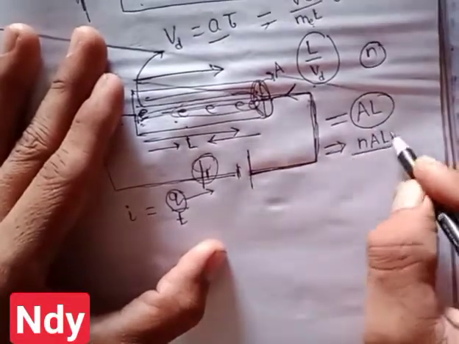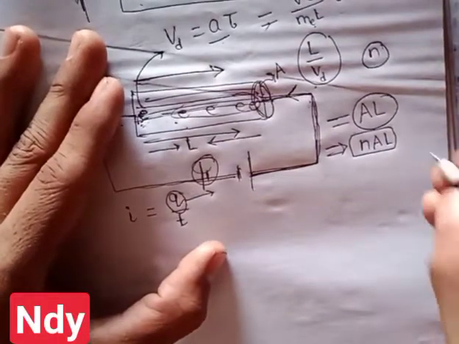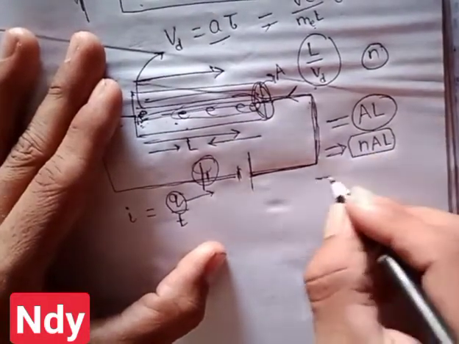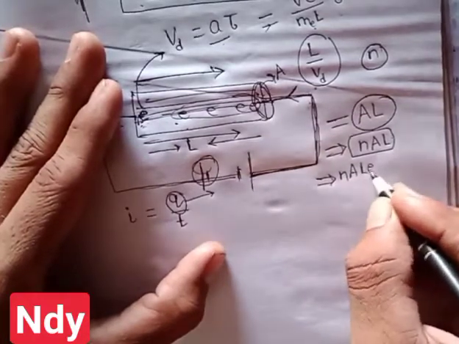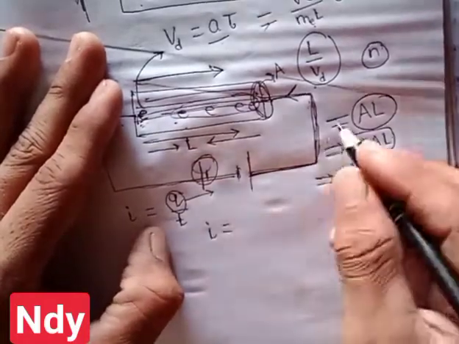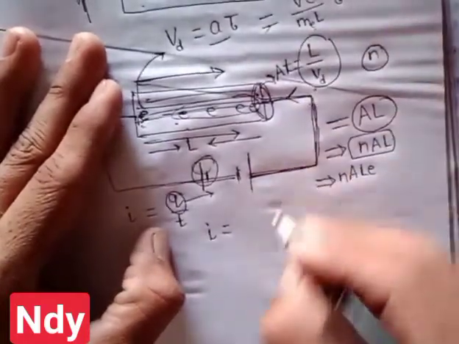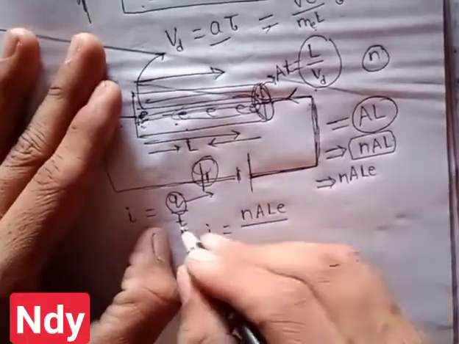The number of electrons is NAL and the charge of each electron is e, so the total charge will be NALe. So I will be NALe divided by T.